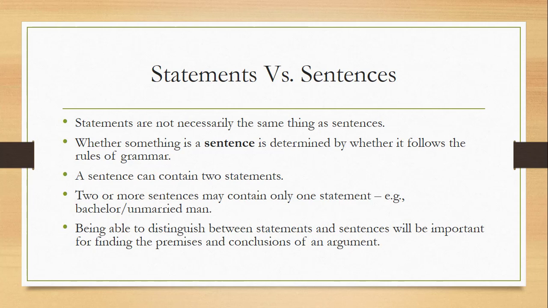Now, being able to distinguish between statements and sentences is going to be important for finding the premises and conclusions of an argument. Because it could be the case that you have one sentence that itself contains a premise and a conclusion. It could be the case that you have an entire argument contained within just one sentence.